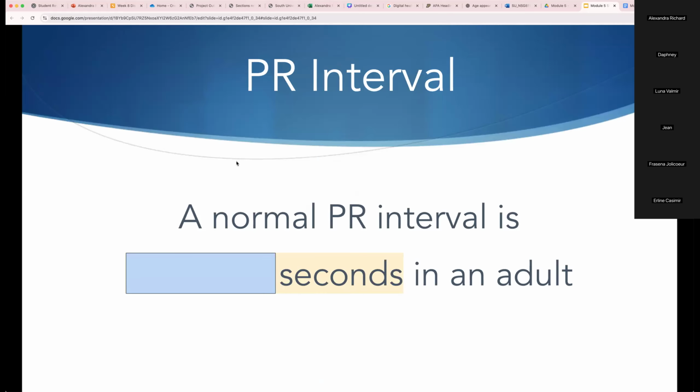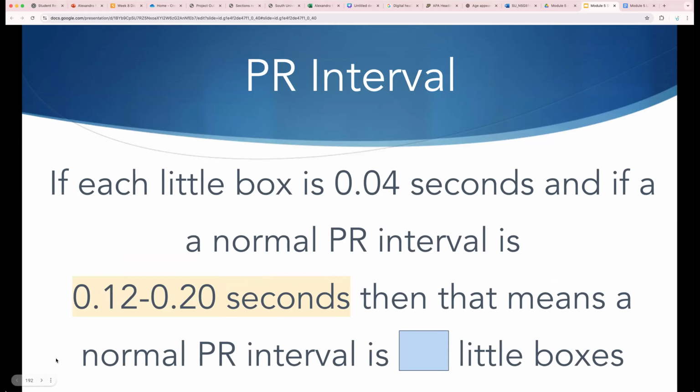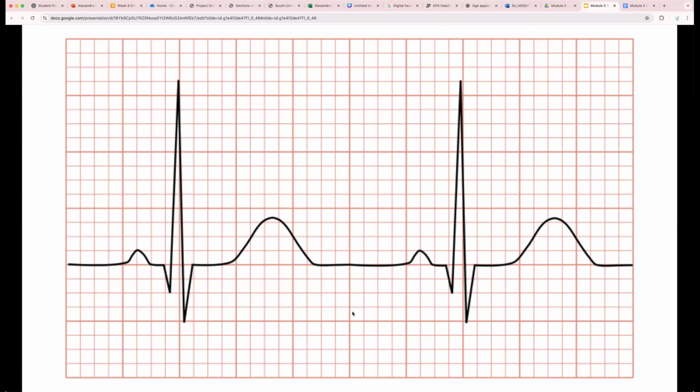I just said it. 0.12 to 0.20 seconds. So if each little box is 0.04 seconds, and a normal PR interval is 0.12 to 0.20 seconds, then how many little boxes is it? 3 to 5. Beautiful.